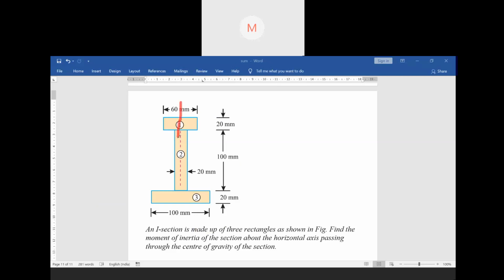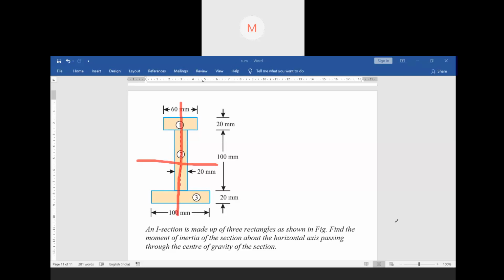It is passing through the center. In the last class we discussed that initially the axis was like this, yes or no? This is one axis and this is the other axis. But here it is opposite. If you see here in the figure, this sum is a bit different. The axis is passing through the center.